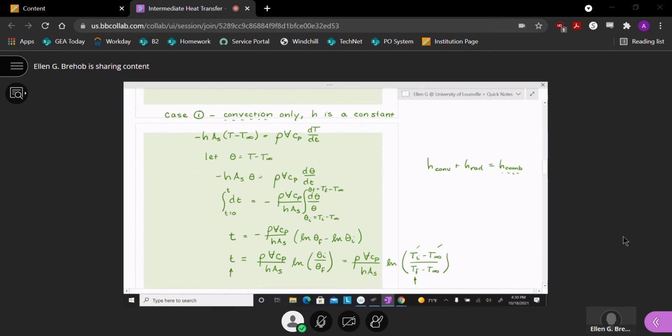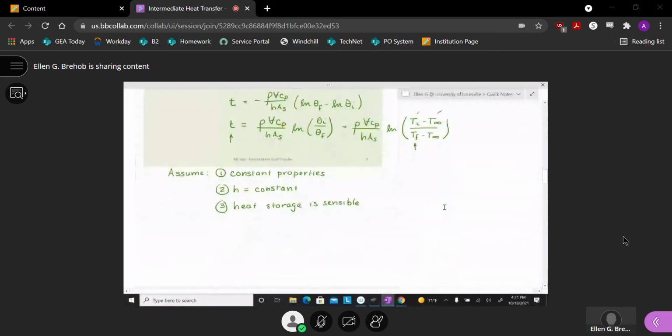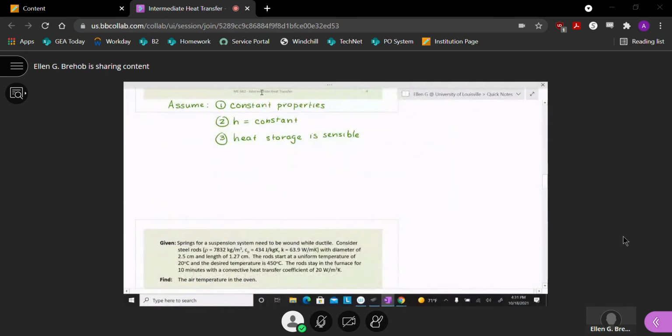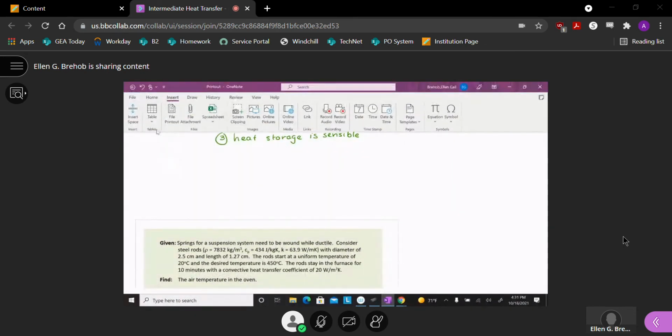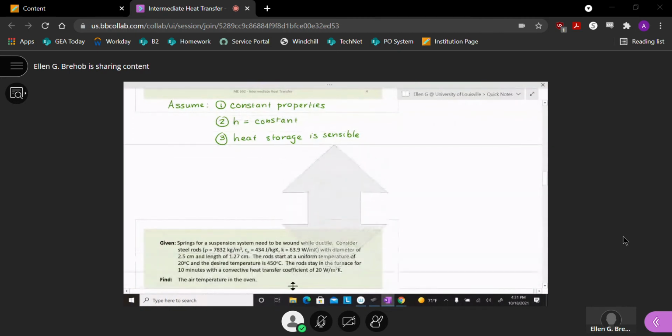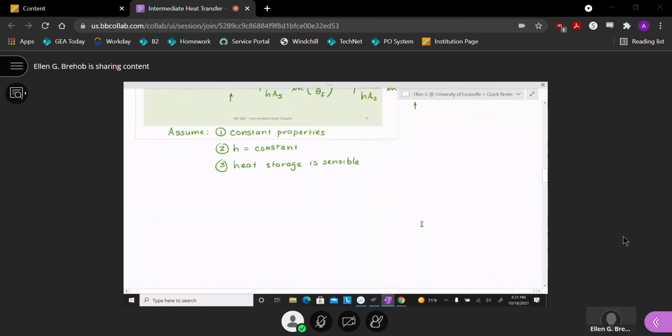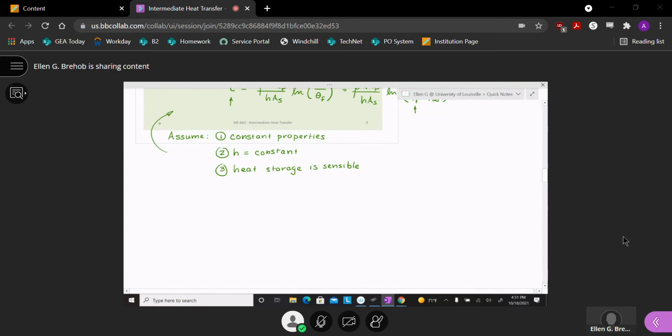If this is nearly constant and we're still using this thing that says convection only, it's the idea that I really want a heat transfer coefficient that is a constant. It's not that I can't handle radiation, it's that I have to know I have a nearly constant value. All right, so this goes with these lumped capacitance problems.